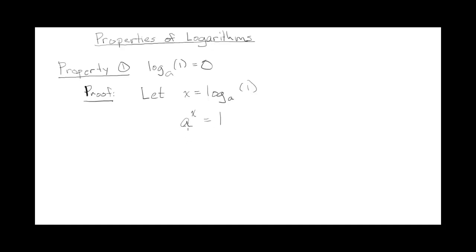And the only way that something to the power of x would be equal to 1 is if x is equal to 0, because anything to the power of 0 is 1. So therefore, log base a of 1 must be 0. Okay, so there's your proof.